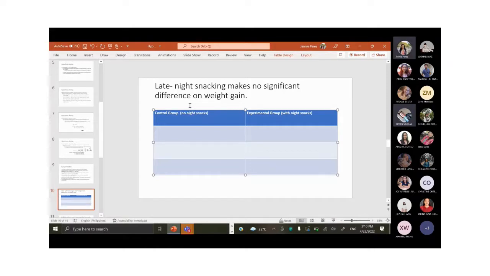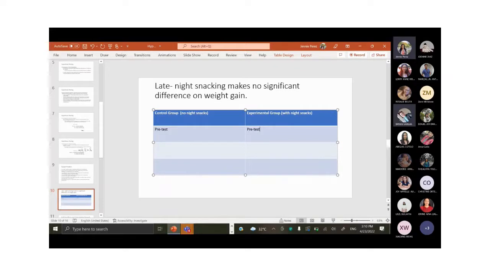Tama. You're right, Marshall. So you will first have a pre-test on both groups. You have to weigh them. Tingnan mo yung body weight, yung BMI nila siguro. In this case, we have to pray that these two groups are the same.